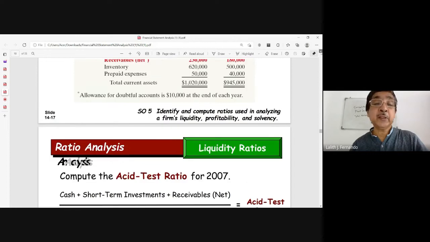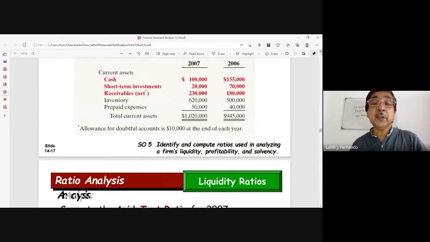If you take this into consideration, cash has to be taken, then short-term investments and the net receivables. But we are not going to get prepaid expenses. It may not come into the ratio.